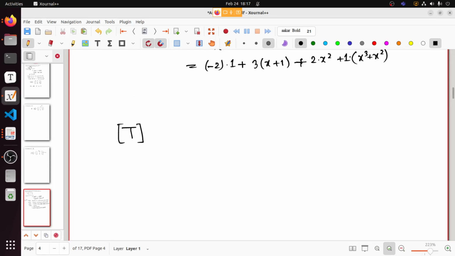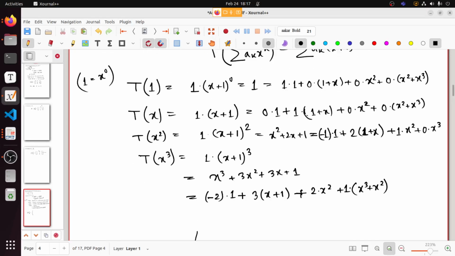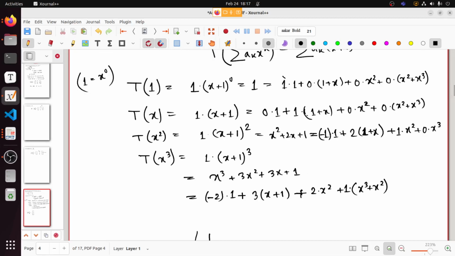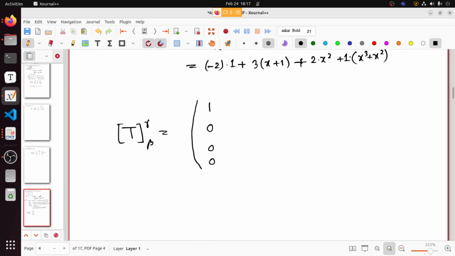Then the matrix of T with respect to the basis beta, gamma, just write it column-wise. The first column will be 1 0 0 0, the coefficients of the expression of this. Next, the second column will be 0 1 0 0.